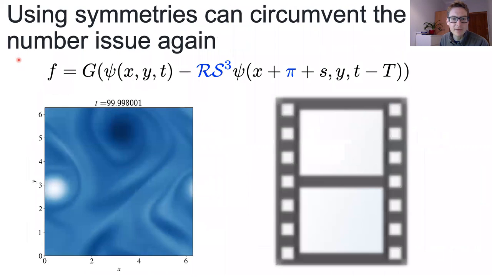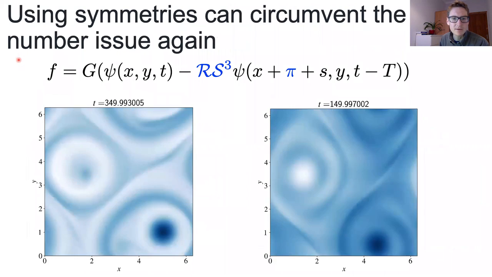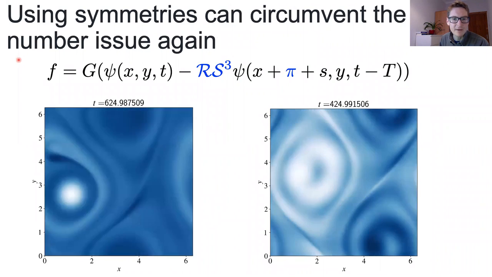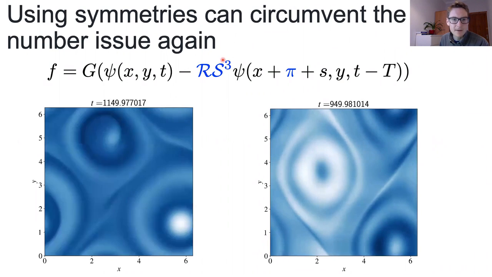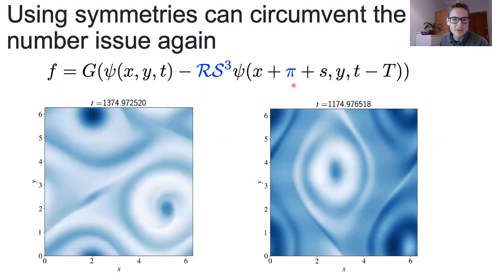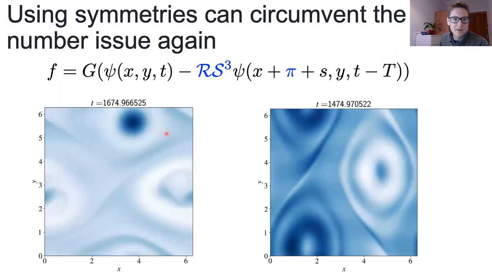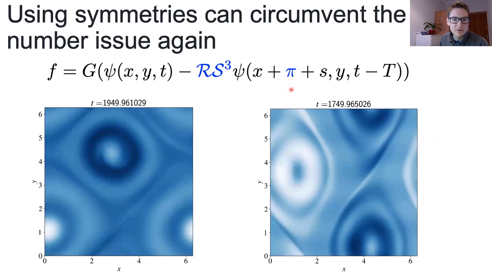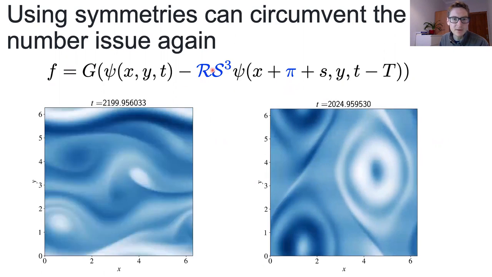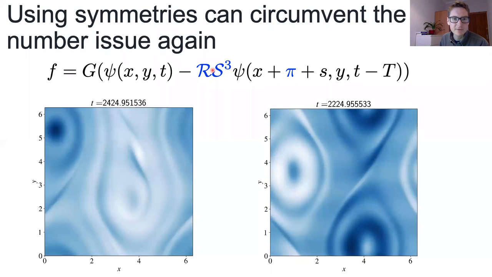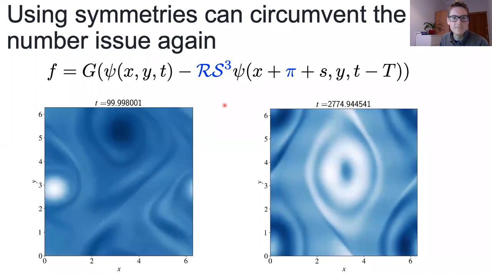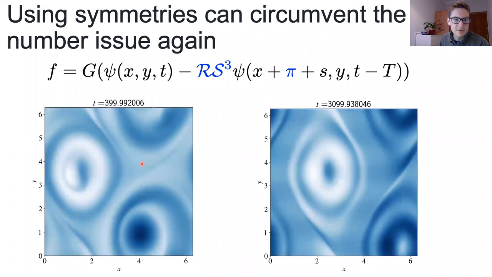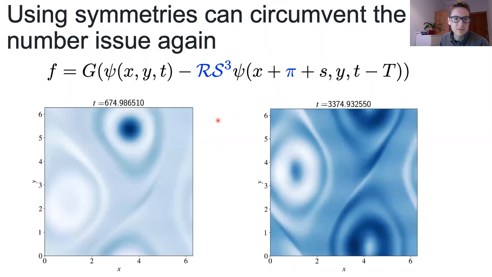And I also wouldn't be telling you all this stuff if it didn't work. So here's the new version of the time delay term with the shift operations shown. On the left is the case if you don't put the blue terms in. So if you don't put the additional shift, rotation, and translation symmetry in, you can see you're still very disordered, quite turbulent.